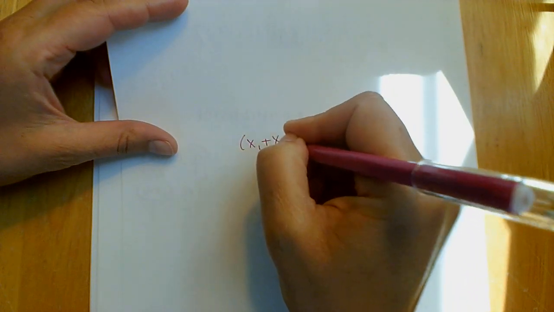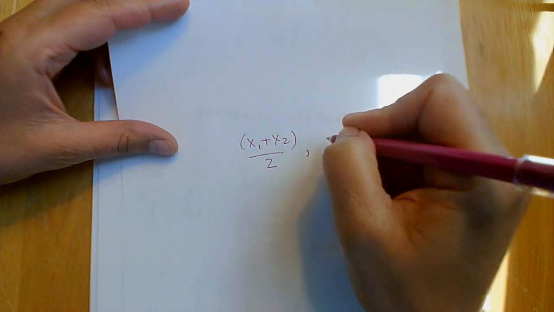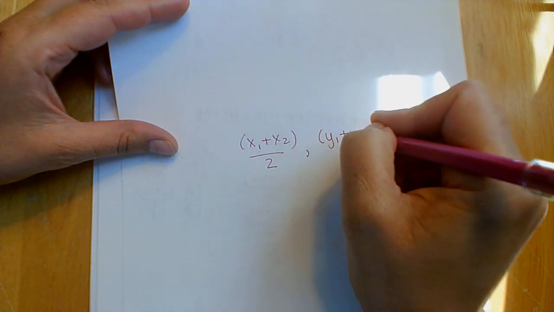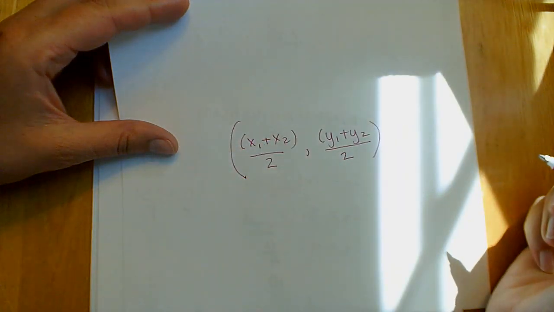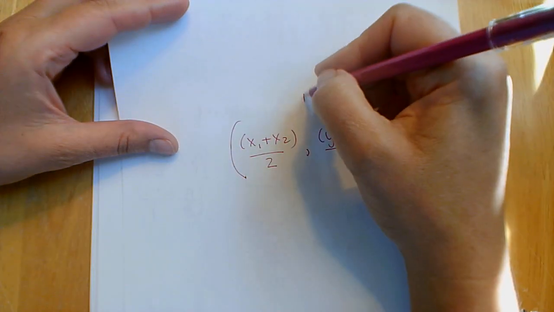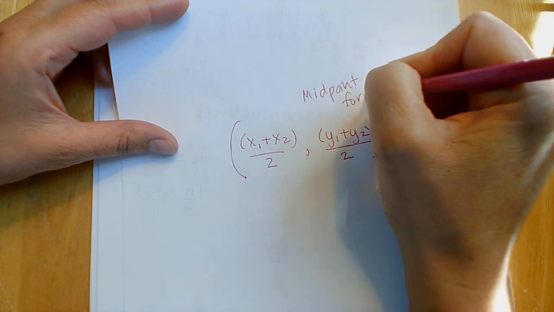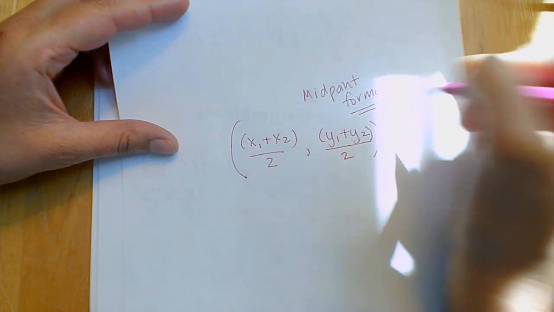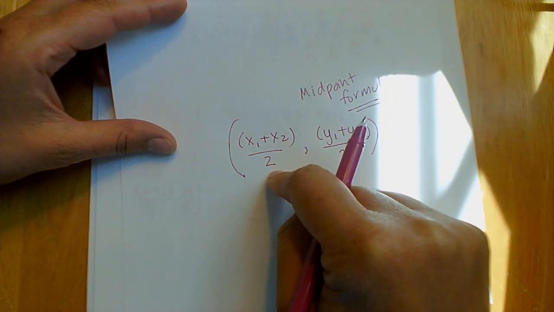X sub 1 plus X sub 2 divided by 2. Maybe you've seen this formula before. Y sub 1 plus Y sub 2 divided by 2. Maybe you notice this as being a midpoint formula. Yes, that's where it's come from. This is a midpoint formula.